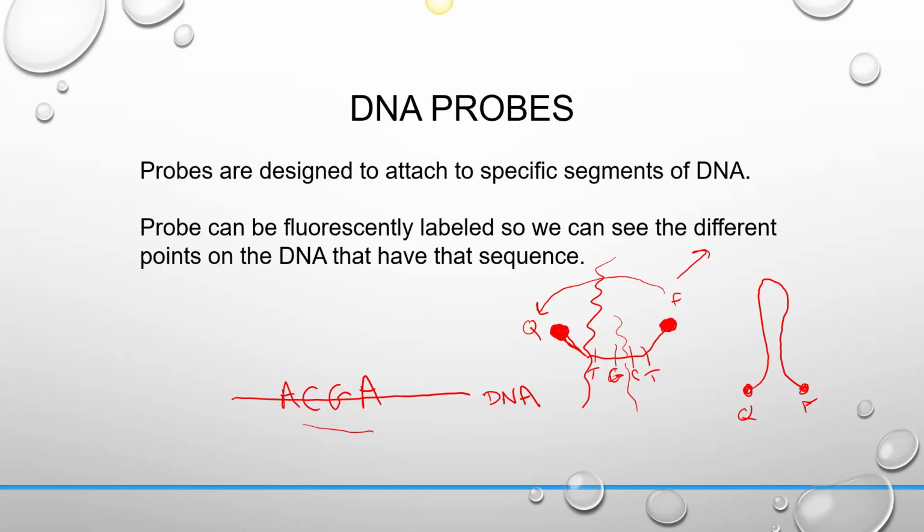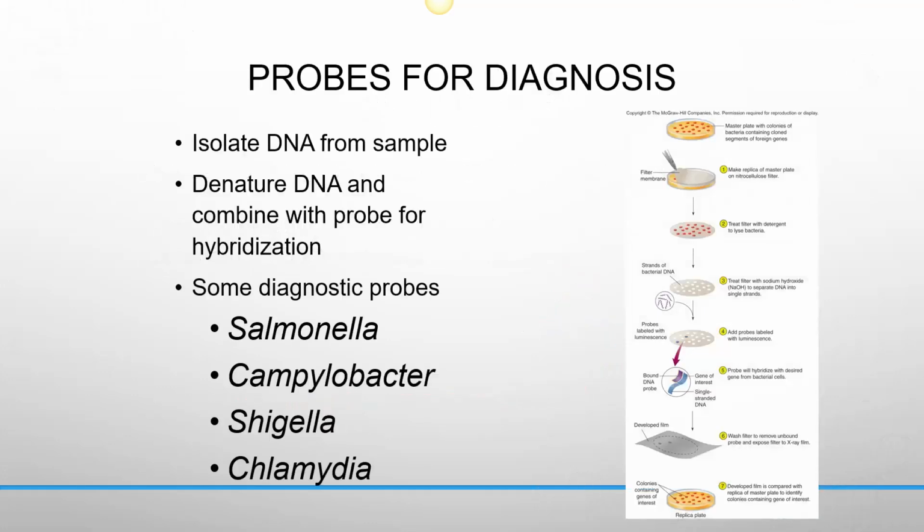So now the fluorescence is able to be visually seen. It'll emit off and you'll be able to see it. Again, this is something that is discussed in a little bit more detail in molecular diagnostics. So probes exist for Salmonella, Campylobacter, Shigella, Chlamydia, and there's many other probes that exist.